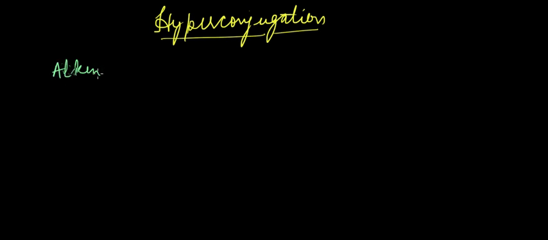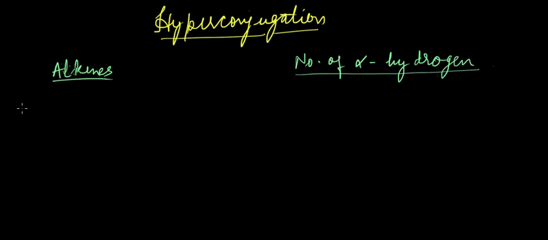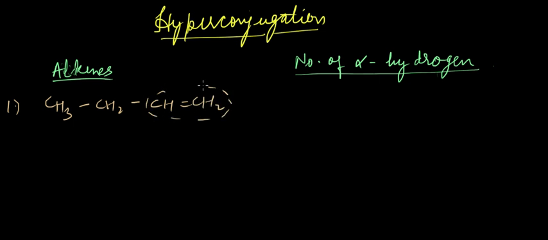We have alkenes and you have to calculate the number of alpha hydrogens in those alkenes. My writing is poor, so please pardon me for that. So we have alkenes such as this. What is the number of alpha hydrogens for this alkene? This is the alkene group, right?